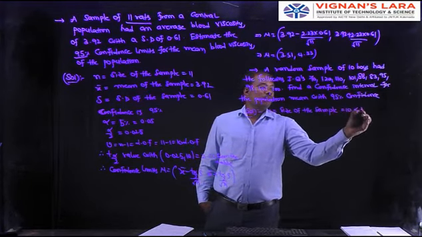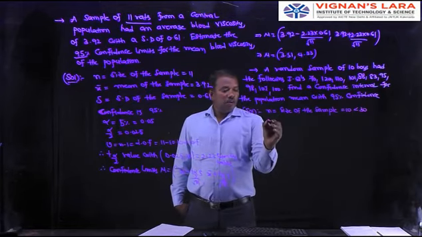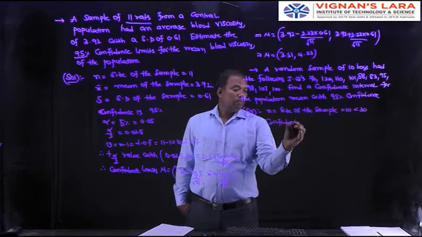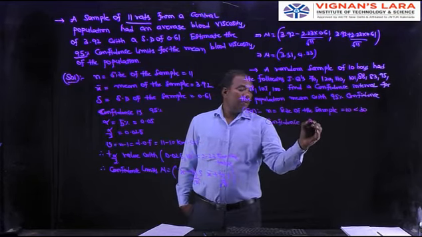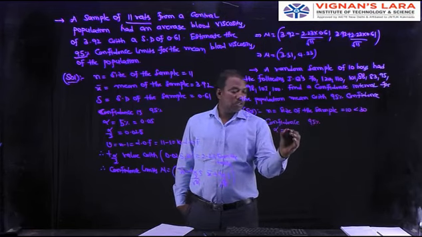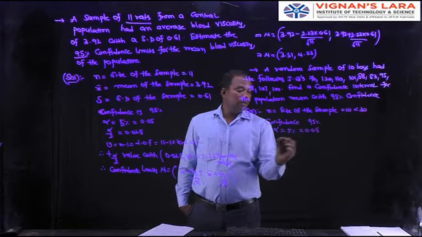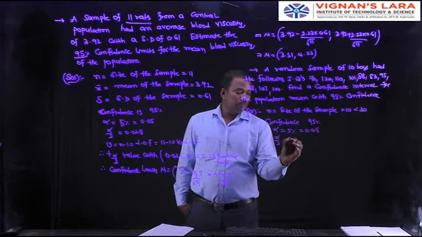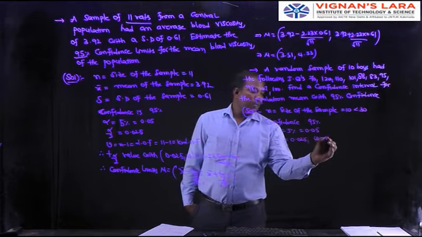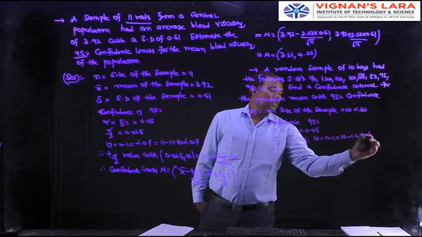Less than 30, small sample. And confidence is 95%. Alpha is 5%, that equals 0.05. Alpha by 2 is 0.025. We have n minus 1, that is 10 minus 1, 9 degrees of freedom.